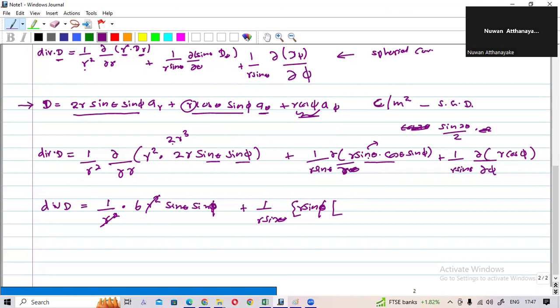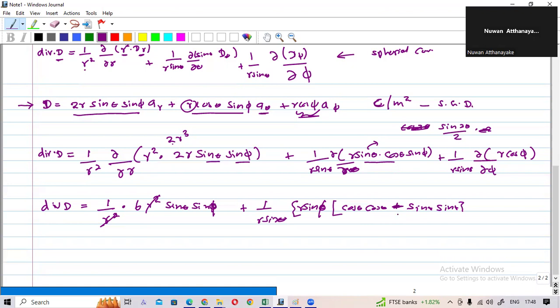You can keep cos theta and differentiate sine theta, so cos theta into cos theta. Plus, you can keep sine theta and differentiate cos theta, which gives minus sine theta, so minus sine squared theta. Again, I think this is cos 2 theta.